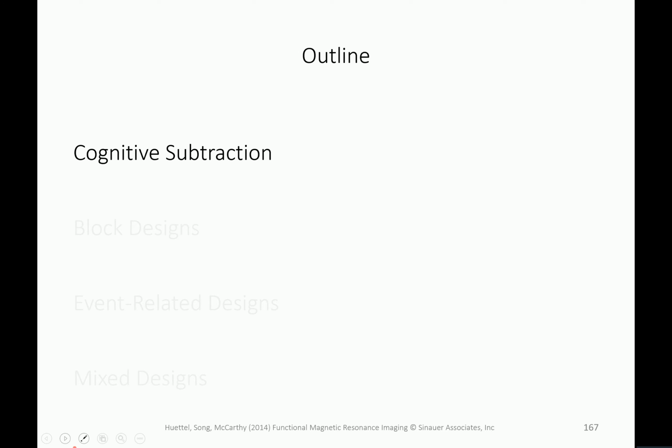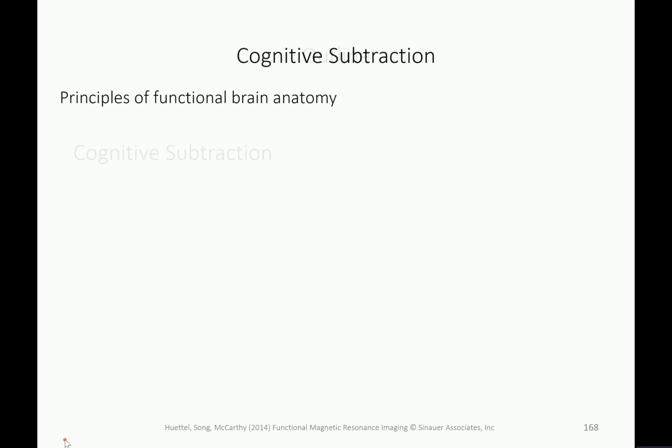Cognitive subtraction. That's a term also popularized by Carl Friston in the 1990s, but maybe other people have definitely used this term. It rests on the idea that there are two principles of functional brain anatomy, also popularized by Carl Friston in the 1990s, but the general idea is much older.